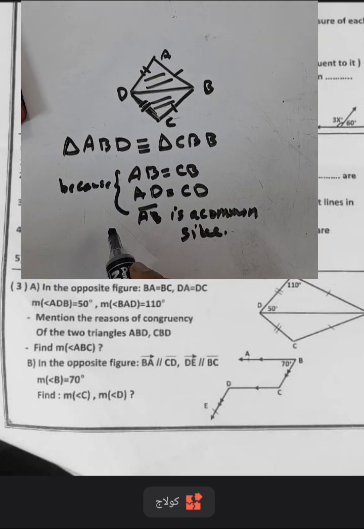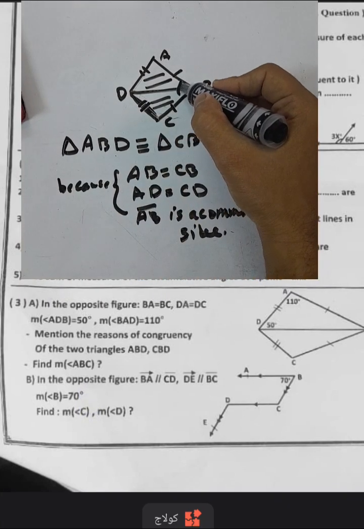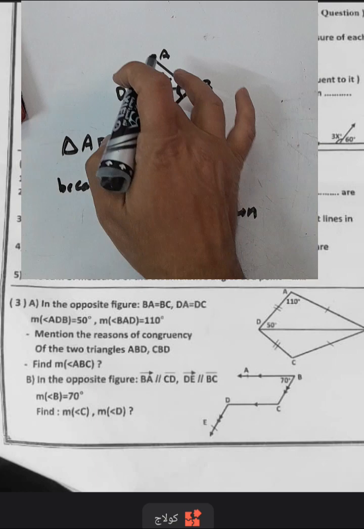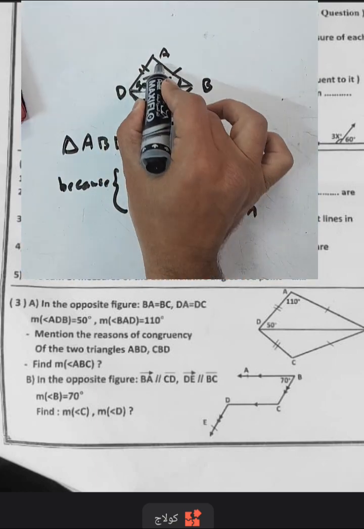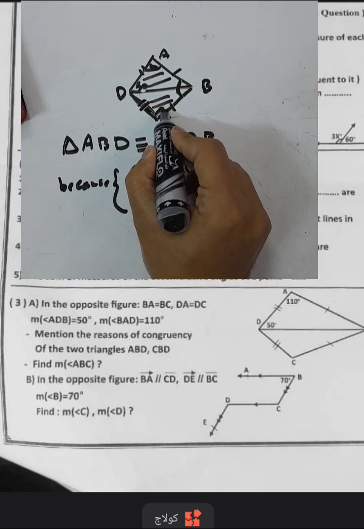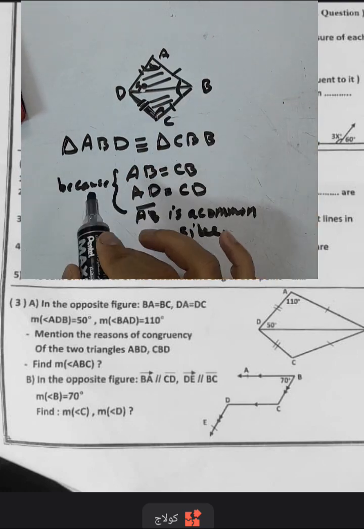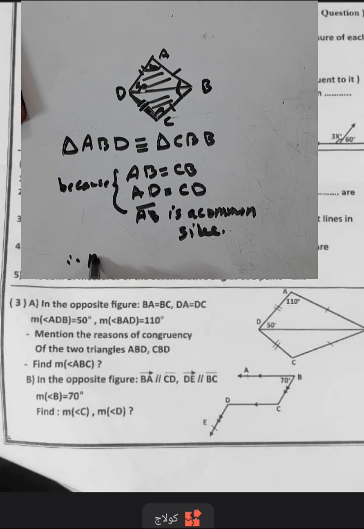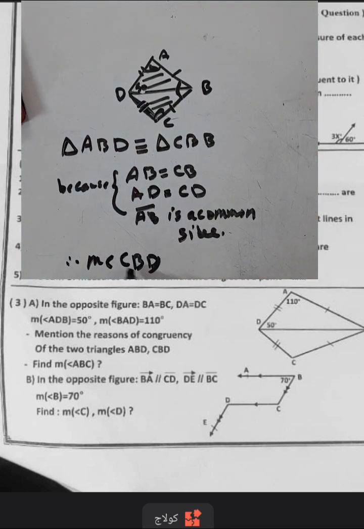Then you want to find the measure of which angle? The measure of angle APC. You want to find the measure of this angle. He gives us in the example the measure of angle D is 50 and the measure of angle A is 110. Then the measure of angle C will be equal to 110, and then we can find the measure of angle CPD, this angle here.